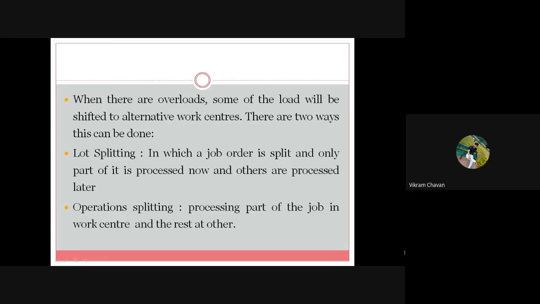Six, seven, yes sir. Eight, nine, 10, 11, yes sir. Saurabh, 11, no?